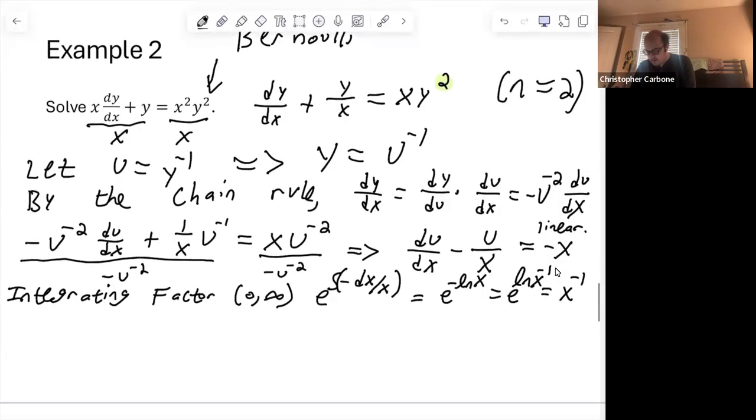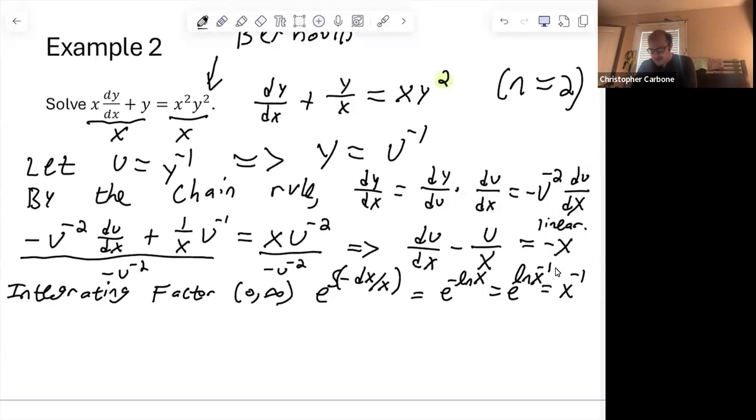And we're going to multiply our linear differential equation now by that x to the negative first power. So x to the negative first times du over dx minus 1 over x squared times u would be equal to negative 1.